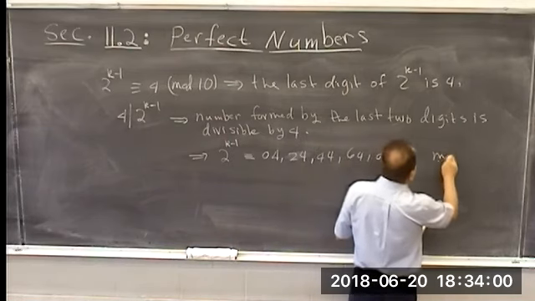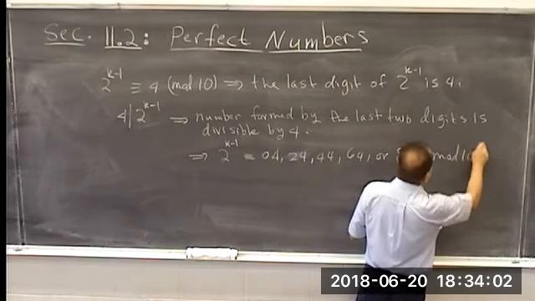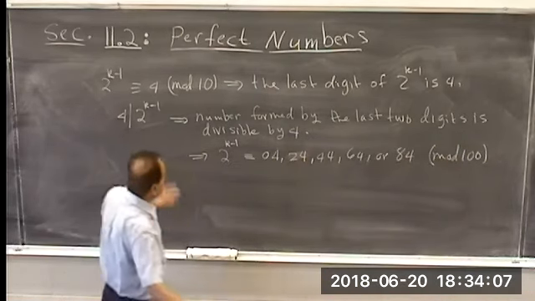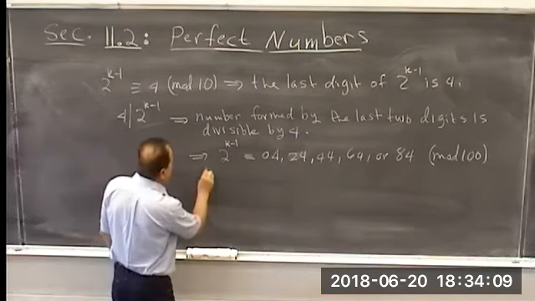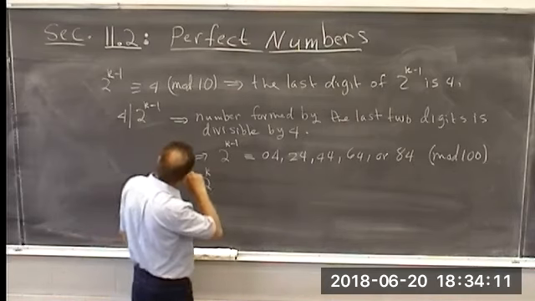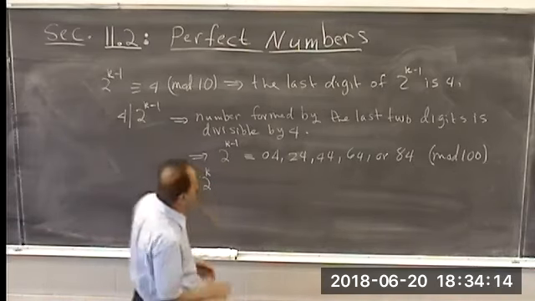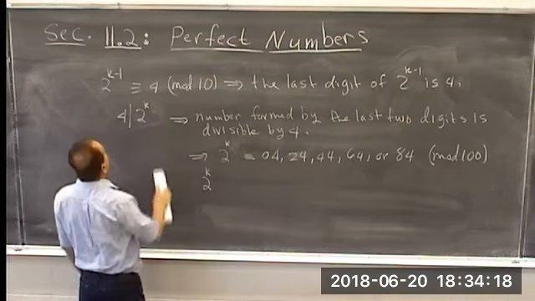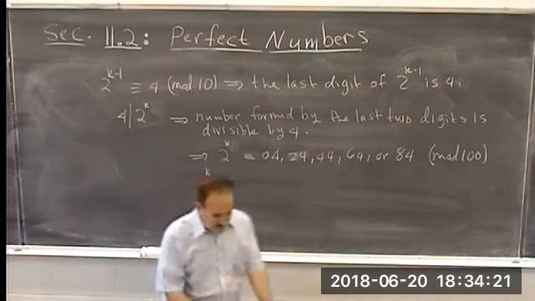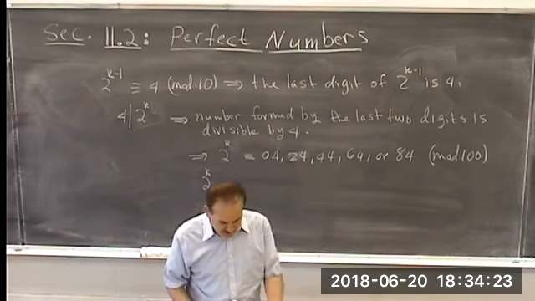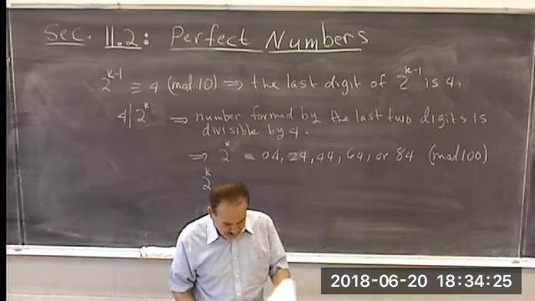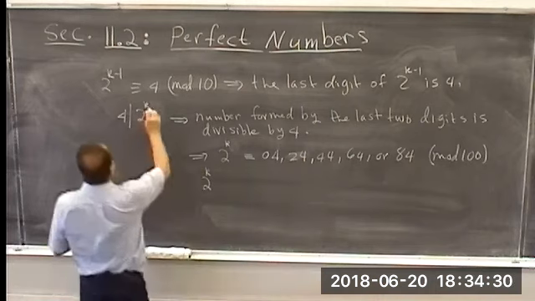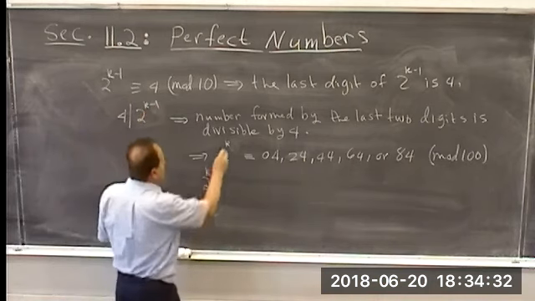And this is mod 100. Same thing, the last 2 digits. Now, let's make this one 2 to the k. Actually, no, this is right. This is k minus 1. All of these are k minus 1.